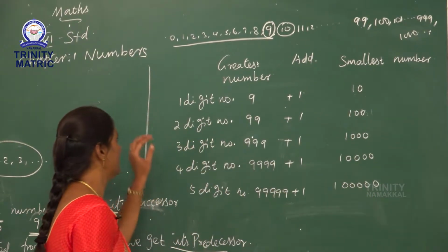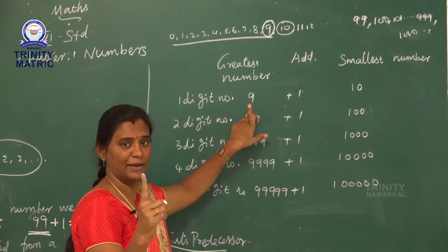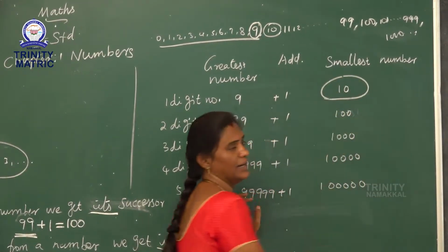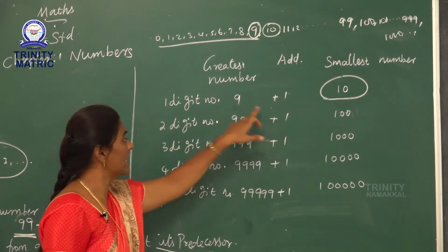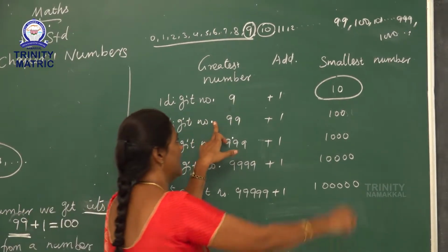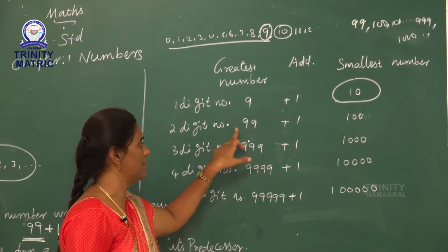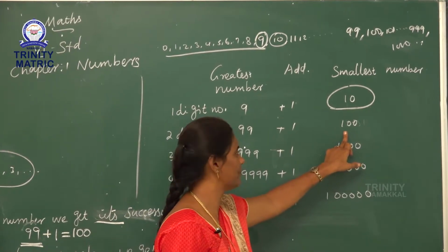Now listen, when we add 1 to the greatest one digit number, we get the smallest 2 digit number. When we add 1 to the greatest 2 digit number, what is the greatest 2 digit number? 99. We add 1 to the greatest 2 digit number, we get the smallest 3 digit number.